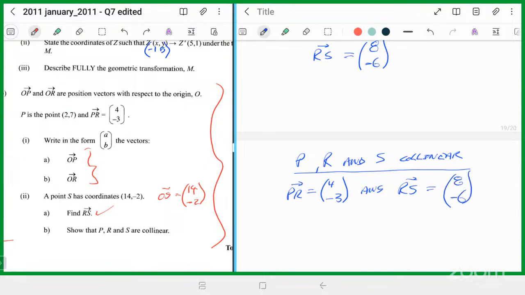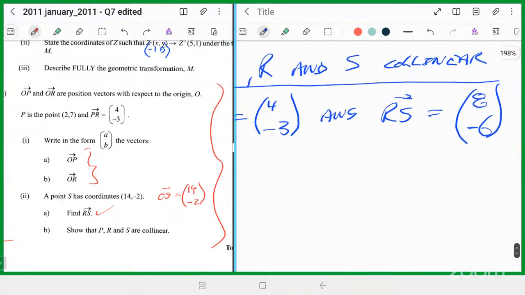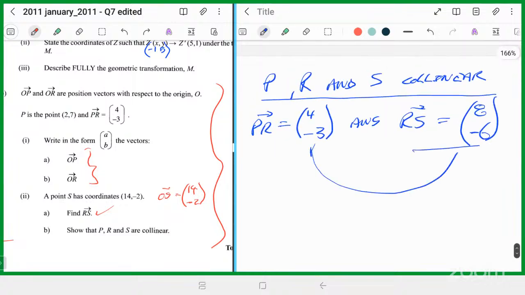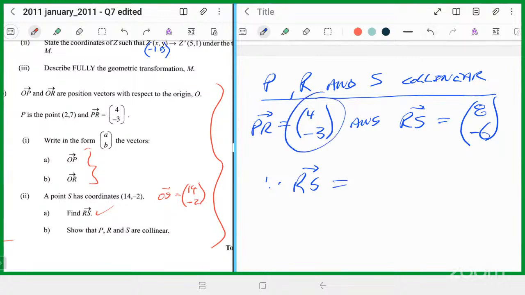Now that's obvious already. This big one is 2 times that small one. If you don't know, follow the process: multiply the small one up to make it equal the large one. So you multiply by 2 to make it equal, and then equate. But with simple numbers like these, it's obvious that the big one, RS, is 2 times the small one, 8, -6 and 4, -3.